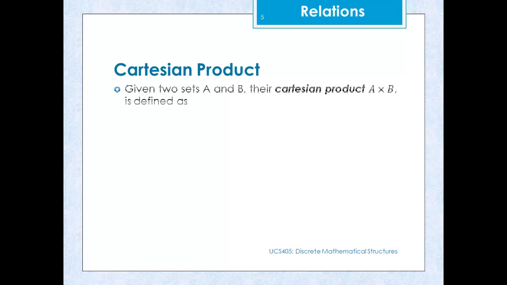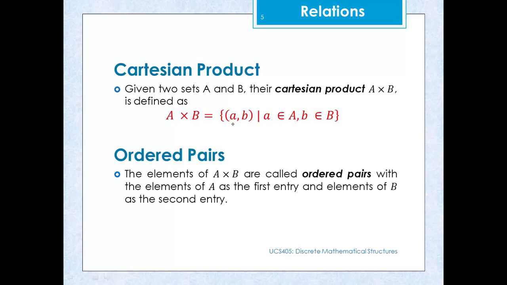When we have two sets A and B, then their Cartesian product is defined as A cross B, where A cross B can be defined as the ordered pairs (a, b), where element a belongs to set A and element b belongs to set B. Here this (a, b) is called an ordered pair because the first element a belongs to the first set A and the second element b belongs to the second set B.